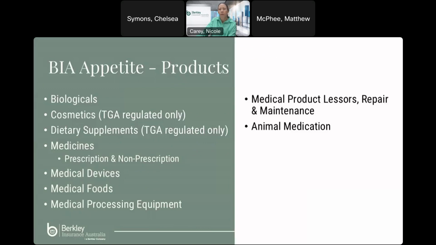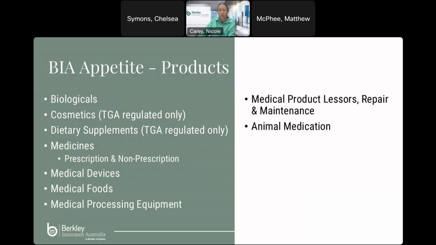Okay. So this slide just highlights the BIA's appetite for our products that we would like to look at under our life sciences wording. So the first one that we've got there are biologicals. Now, a biological is a thing that's made from or contains human cells or human tissues, and then that's used as a therapeutic use.